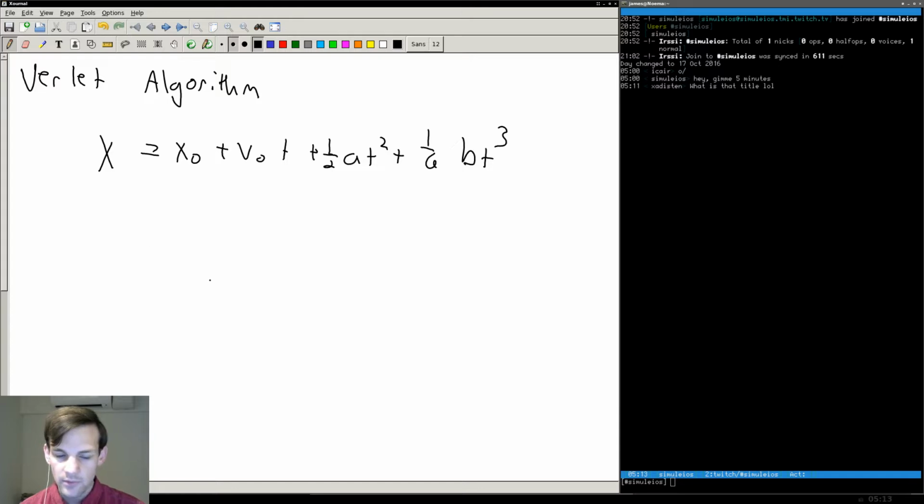So now, what we're going to do is assume that we're moving at discrete time steps.